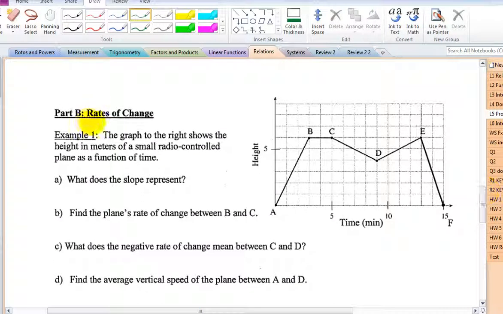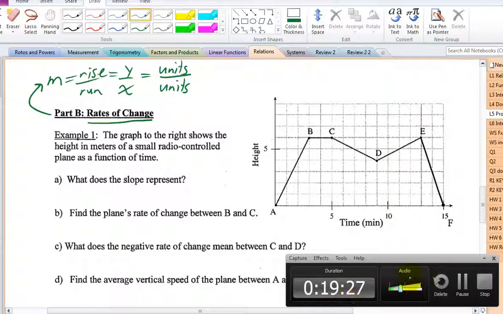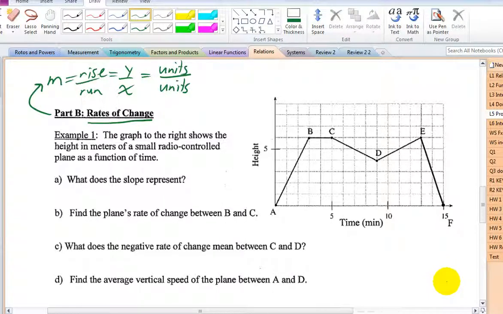Okay, so let's go part B, rates of change. Remember, your rate of change is your m value, your slope, which is rise over run, which is y over x. But now we have to be aware of our units over units. What's the height measured in for the radio controlled plane? It's measured in meters. Okay.